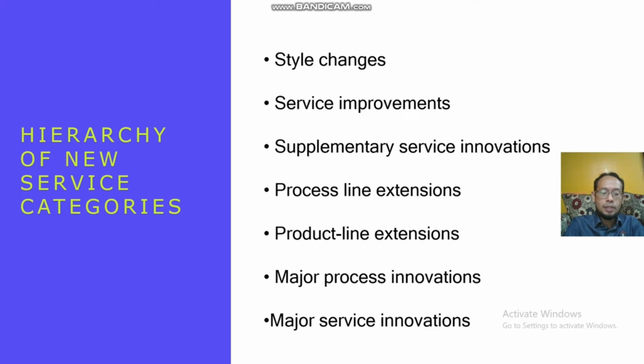Supplementary service innovation: significantly improving or adding new facilitating or enhancing service elements. Process line extension: new ways of delivering existing service products, such as creating self-service options. Product line extension: adding new services that typically deliver the same core service but are specific to satisfy different needs.